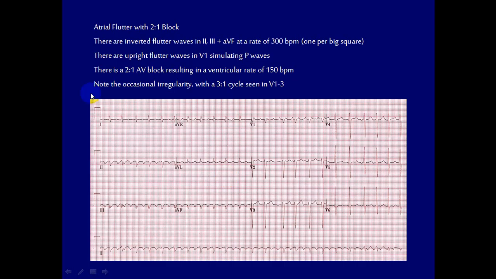If we look at the atrial 2 to 1 block and the F wave, as we said, in lead V1 it looks like a P wave, and in lead 2, lead 3, aVF, it has a sawtooth appearance. This is a 2 to 1 block, which is normal to see, the most common I see.